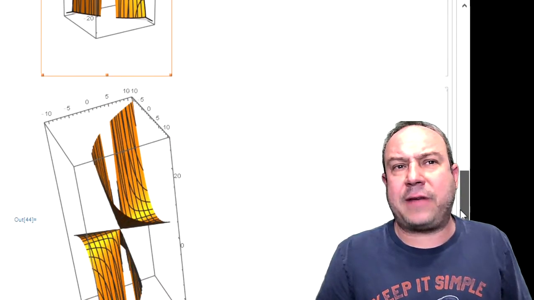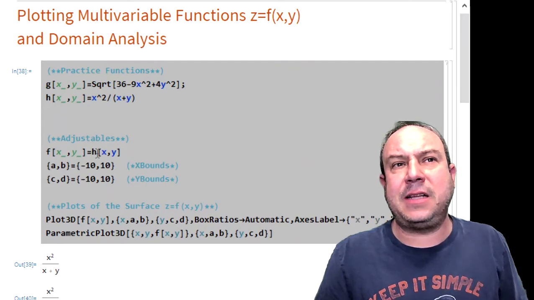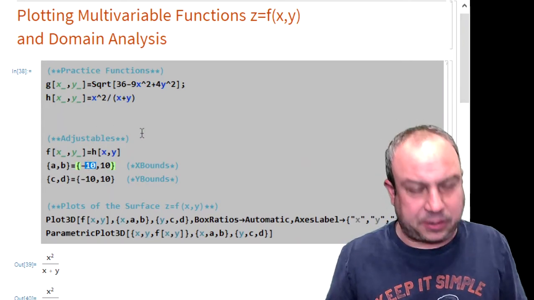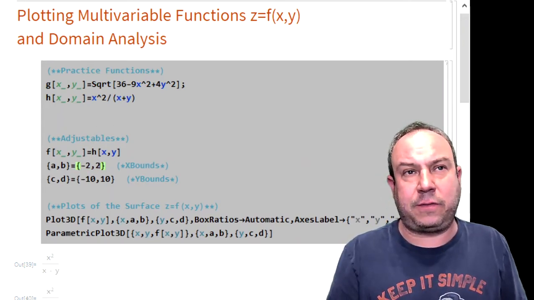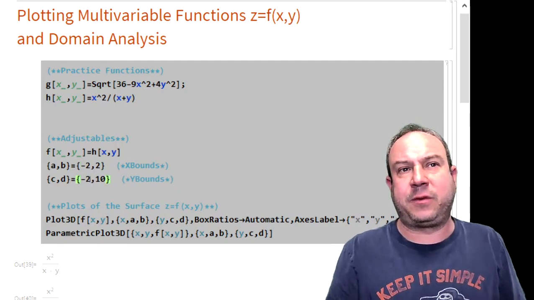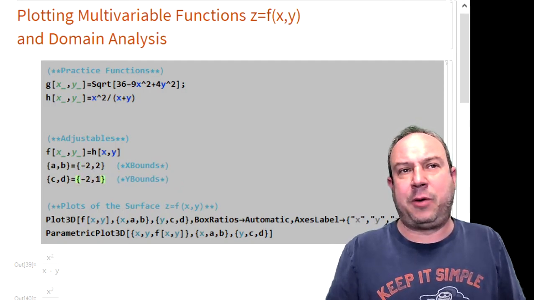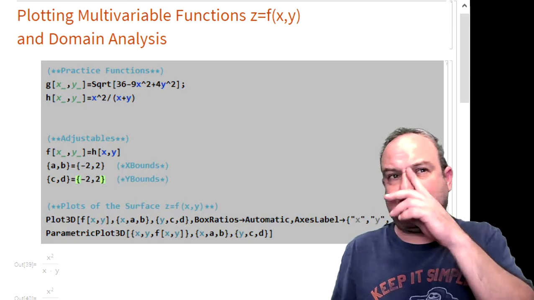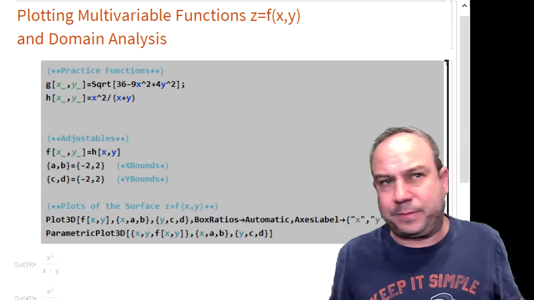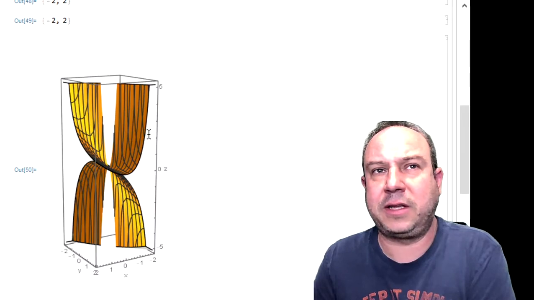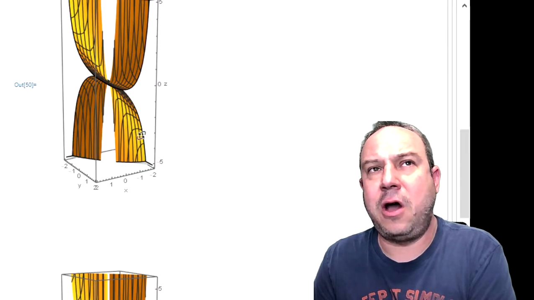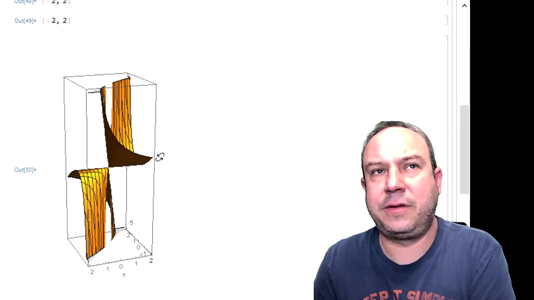Now both of these graphs look the same until I zoom in on them. That's why I put these up here: if we go down to a finer level, maybe we zoom in from -2 to 2 in both dimensions. This is what's nice about having it adjustable, I can adjust those things pretty quickly. Notice the difference in my two graphs.